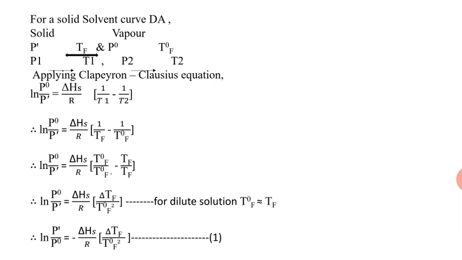That's why we get ln P dash by P0 is equal to minus delta Hs upon R inside the bracket delta Tf upon T0F square. We get equation number 1.